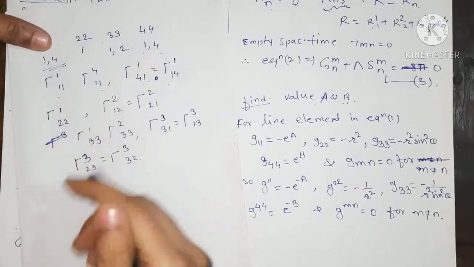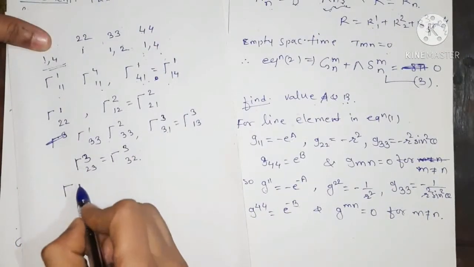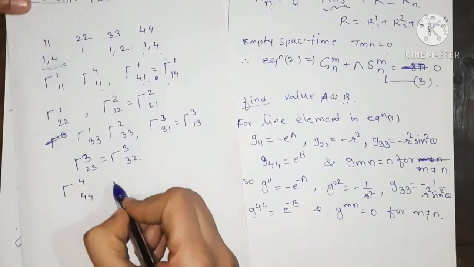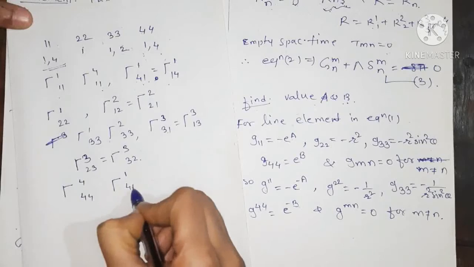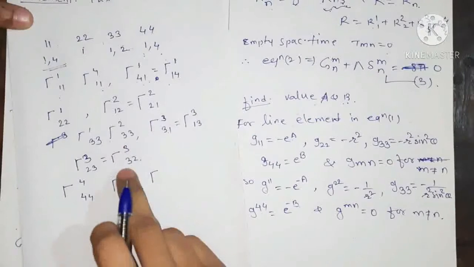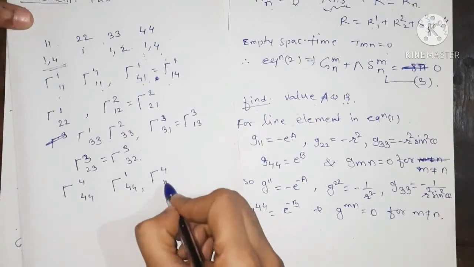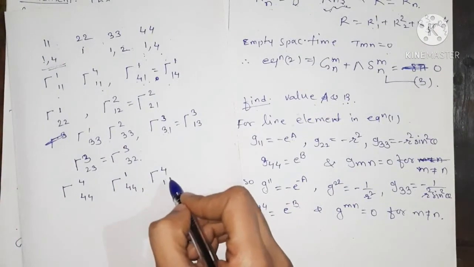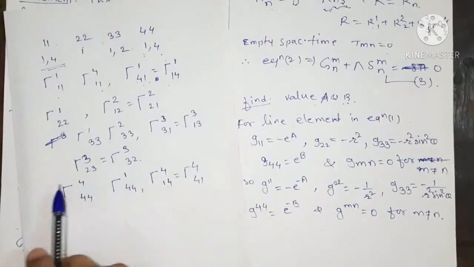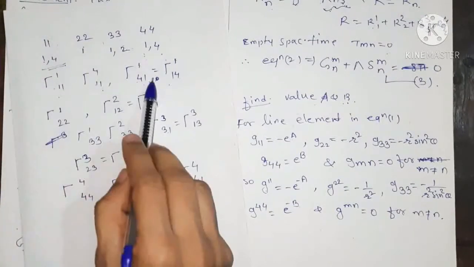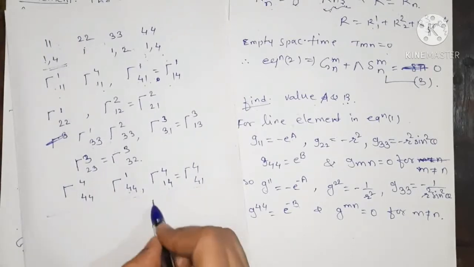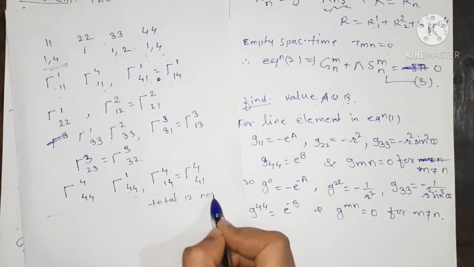So from this we can write our non-vanishing Christoffel symbols as gamma of 4 4 4, gamma of 1 4 4, and gamma of 4 1 4, which is equal to gamma of 4 4 1. Okay, so altogether we have 1, 2, 3, 4, 5, 6, 7, 8, 9, 10, 11, 12, a total of 12 non-vanishing Christoffel symbols.